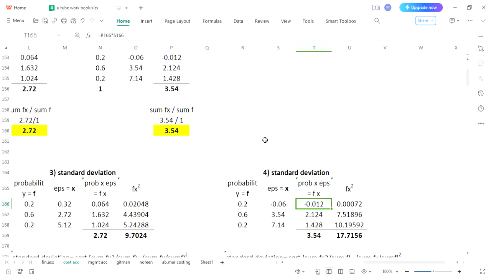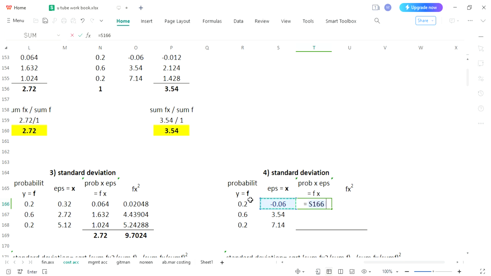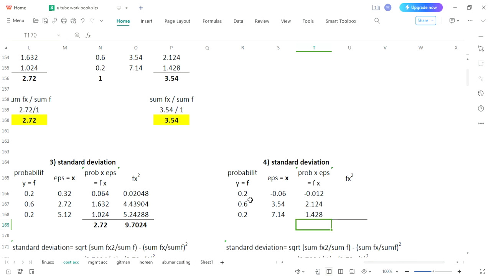Alright guys, we need to calculate our fx accordingly. How? This f would be multiplied with x. First calculation is completed. F was 0.6 and you need to multiply x 3.54, and then f was 0.2 multiplied with x. So guys, we have calculated fx.